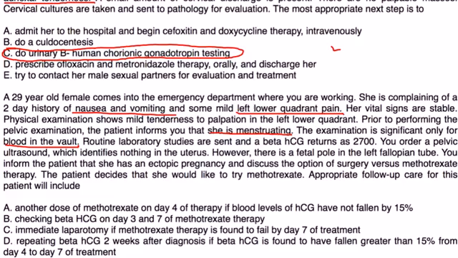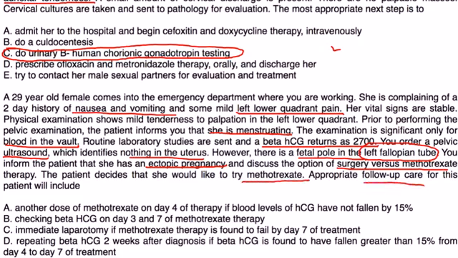Routine lab studies are sent and a beta-HCG returns as 2700. You order a pelvic ultrasound, which identifies nothing in the uterus. However, there is a fetal pole in the left fallopian tube. You inform the patient that she has an ectopic pregnancy and discuss the option of surgery versus methotrexate. The patient decides that she would like to try methotrexate.